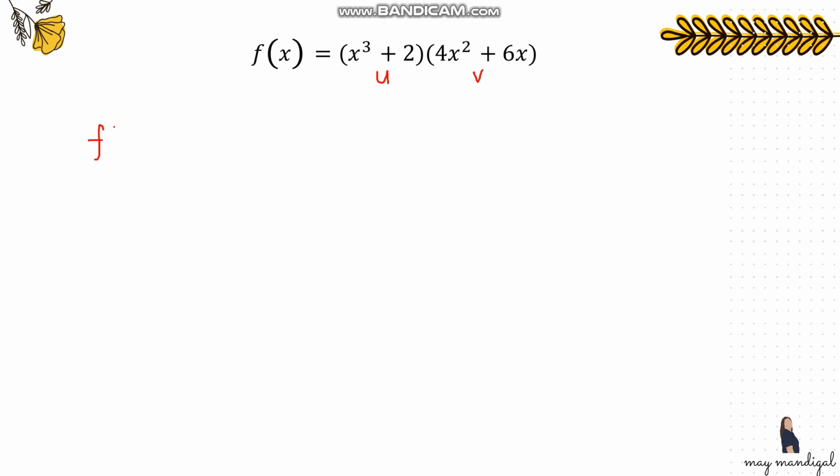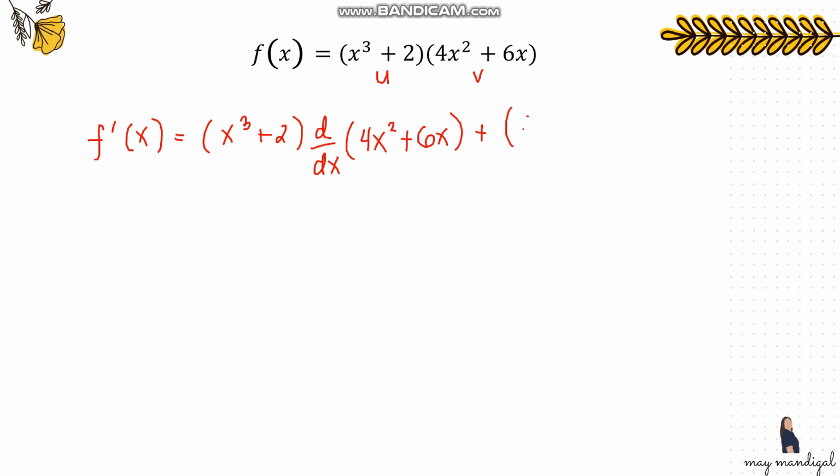So let's write here f prime of x is equal to u dv. For u, you just have to copy u, which is x cubed plus 2. For dv, the derivative of v, which is 4x squared plus 6x, and then plus v du.